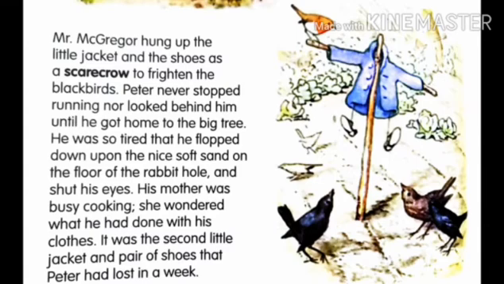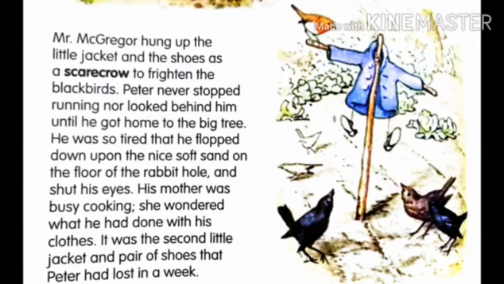Now Peter never stopped running nor looked behind him until he got home to the big tree. Now see how he ran. He didn't stop running. So as he slipped underneath the gate, he ran towards the woods and reached the big tree, his home. He reached his home under the root of the big tree.